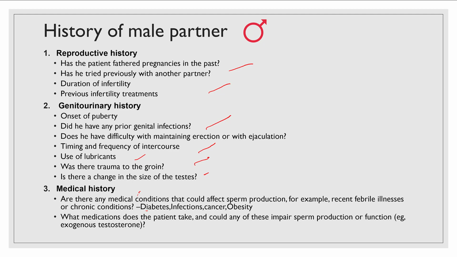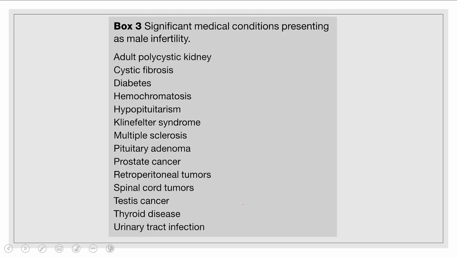And then various diabetes and other infections, obesity in the male, and then medications and drugs, you need to think. The history of any other illnesses like cystic fibrosis, diabetes, polycystic kidney diseases, evidence of any Klinefelter syndrome, thyroid diseases, all these you need to check in their history.